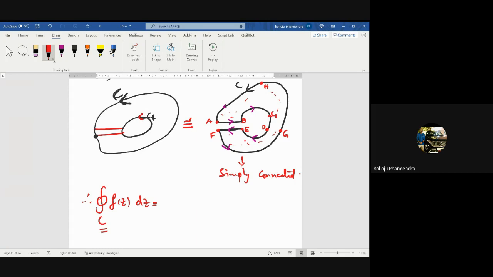Then what is the answer becomes? Write like this, but what is the curve C? Integral over C of f of z dz equal to, first I'm tracing from here. This is F, G, moving like this anti-clockwise direction, G, H, A, f of z dz, outer curve.